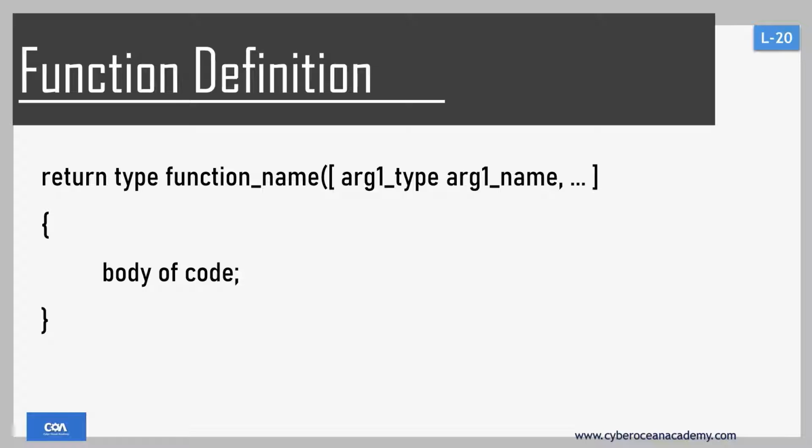So let's understand what the function definition actually is. When you write any variable name, in the same way we have to write a function name. When you define any function, you have to write its name, and for writing the name we have to follow some rules, like the rules for names of identifiers.